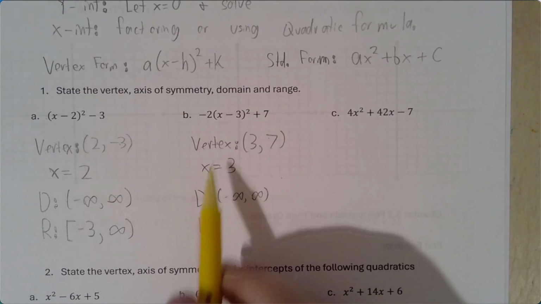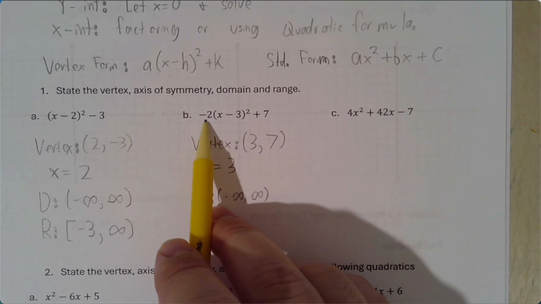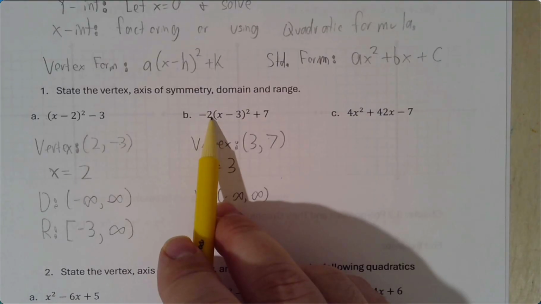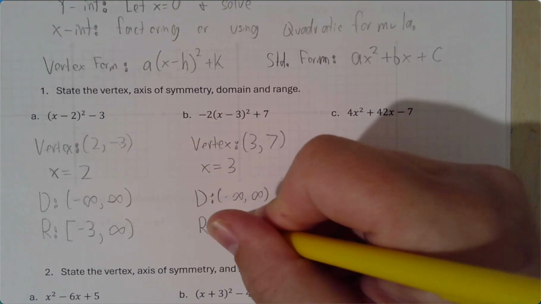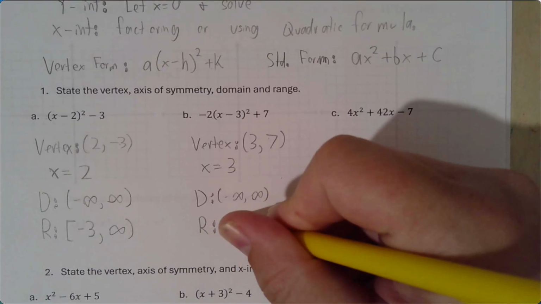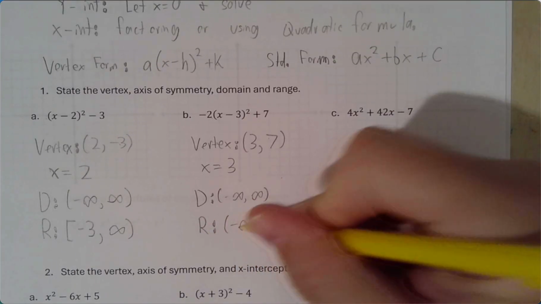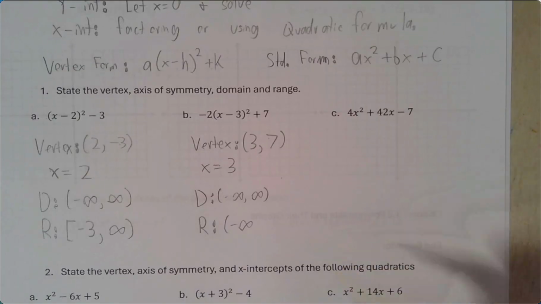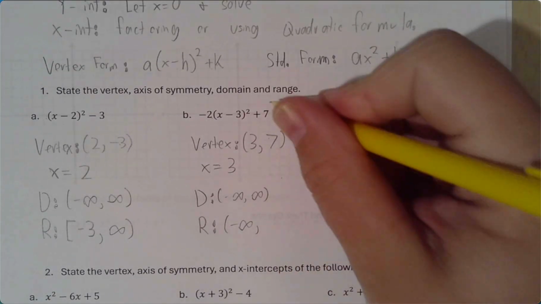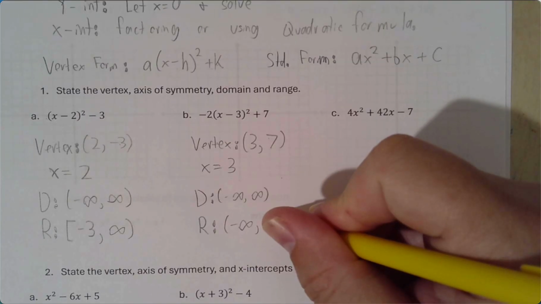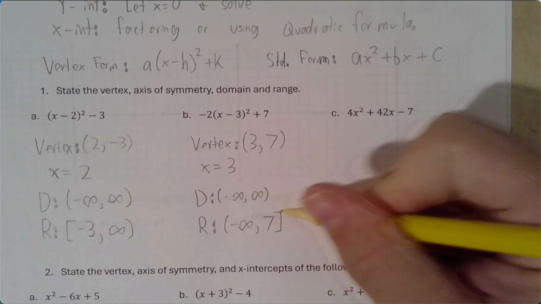And I know, ooh, careful, because this graph opens downward. It was vertically stretched also, but we don't need to worry about that now. This graph now opens downward, so its range is, watch this, -infinity, because it's going downwards. It looks like that. And the lowest it will go is down forever, but the highest it will go is the +7 bracket.